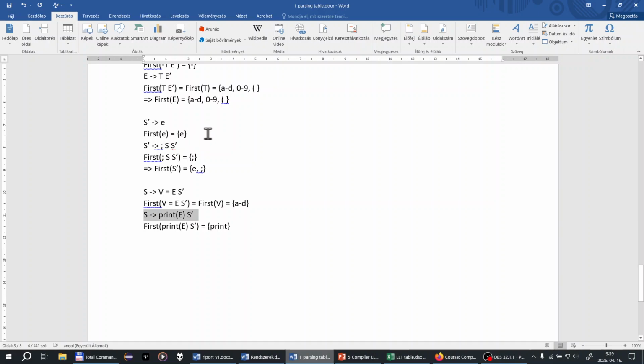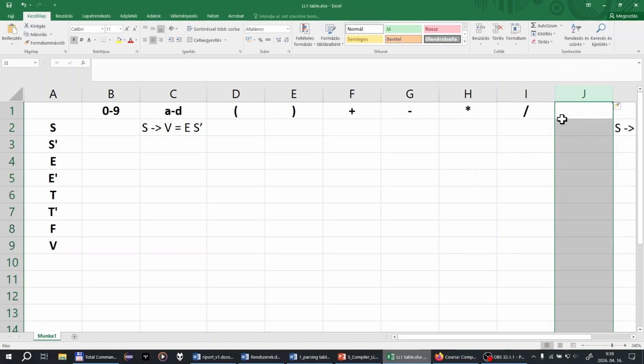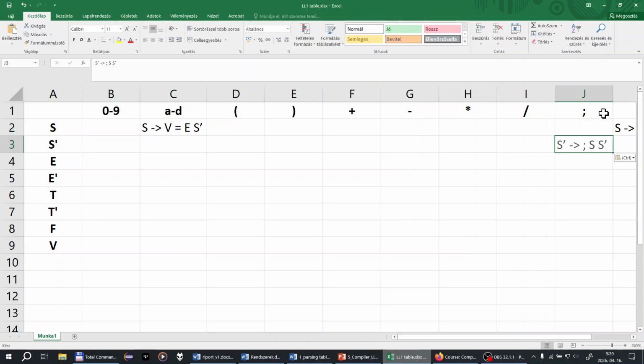When we have the semicolon, then we apply this grammar rule. So we have somewhere a semicolon. For the epsilon rule, we need the follow set, so we are going to compute it later on.